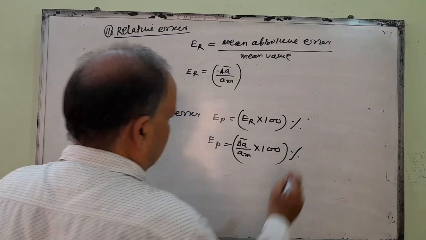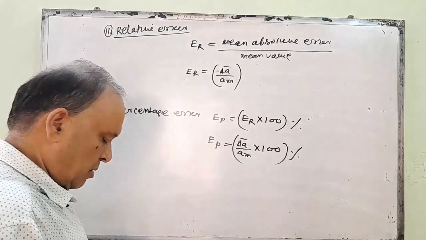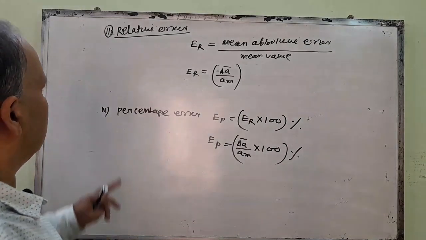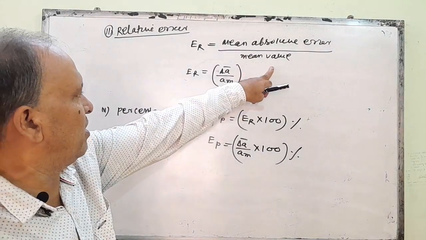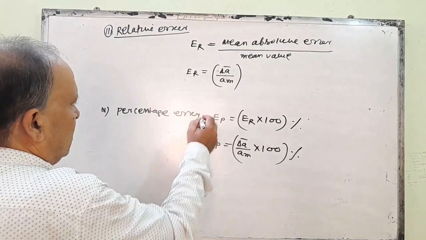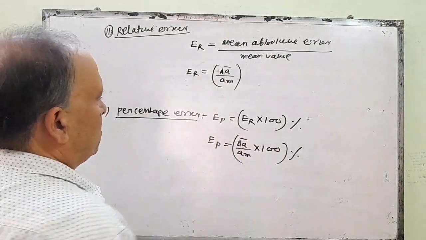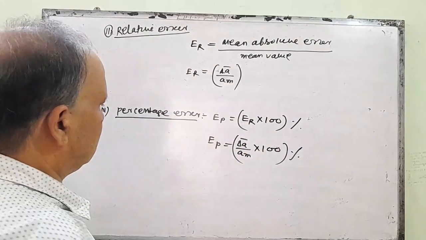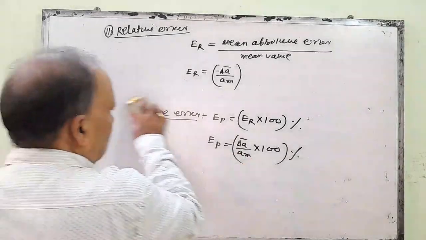This is the percentage error. This is the absolute error, here it is the relative error, the mean absolute error divided by mean value, and next percentage error is your relative error into 100%, that is EP is equal to delta A bar by Am into 100%.